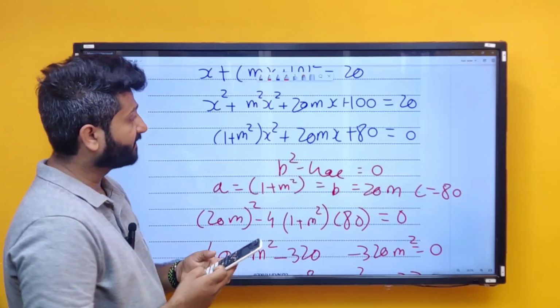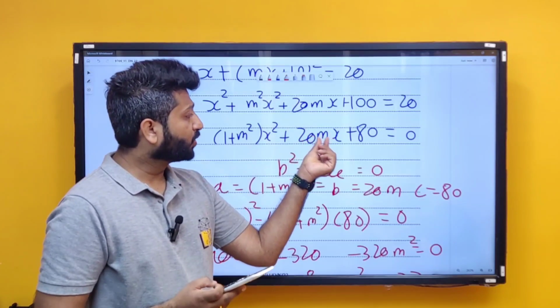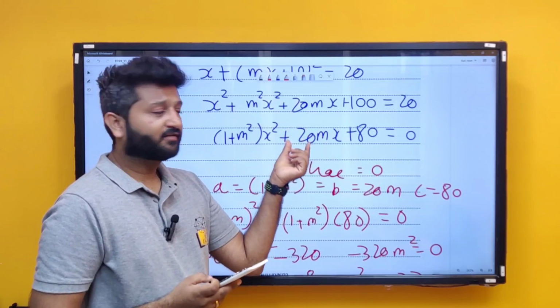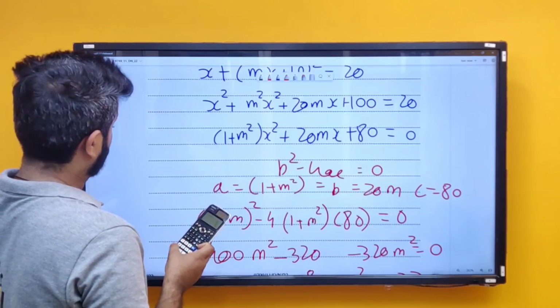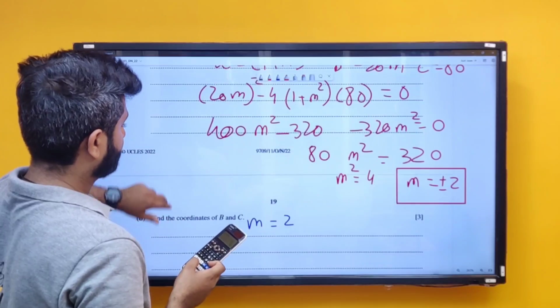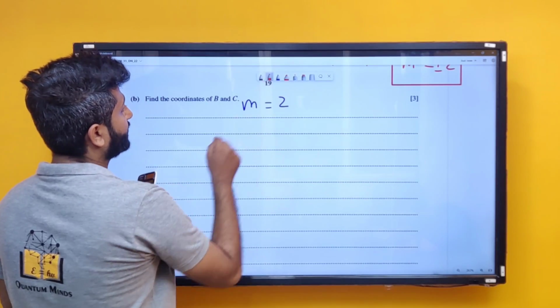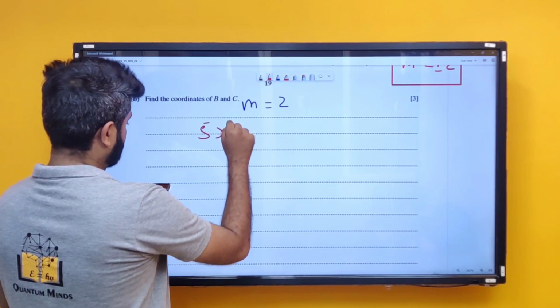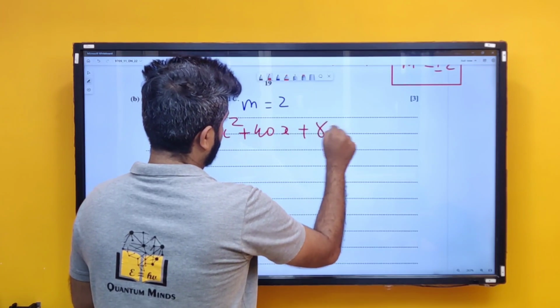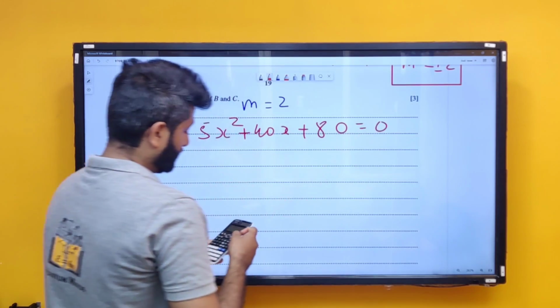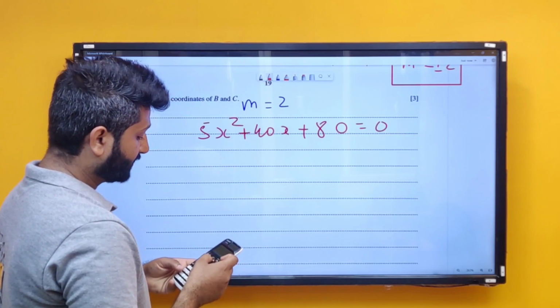So the equation becomes 5x squared, 2 into 20, 40x, plus 80. So at m equals 2, the equation becomes 5x squared plus 40x plus 80 equals 0.